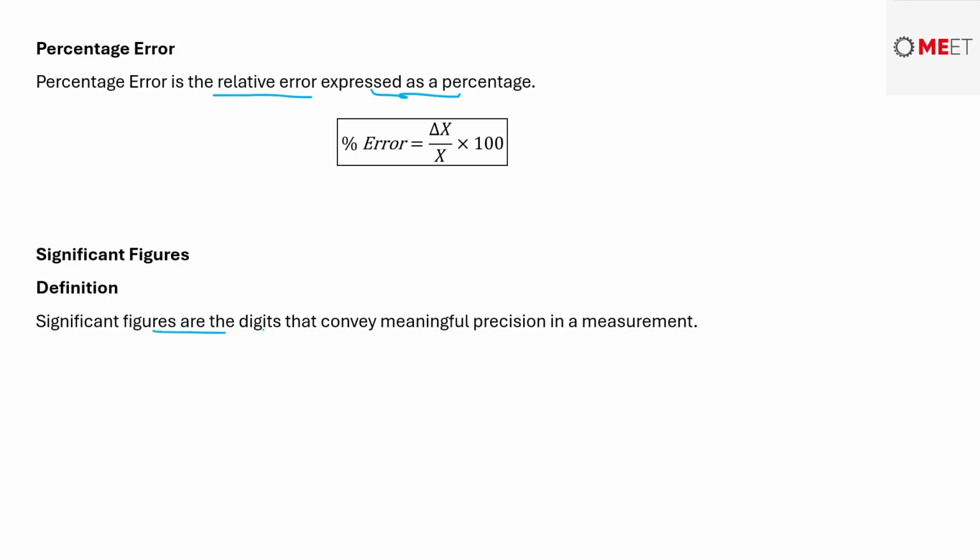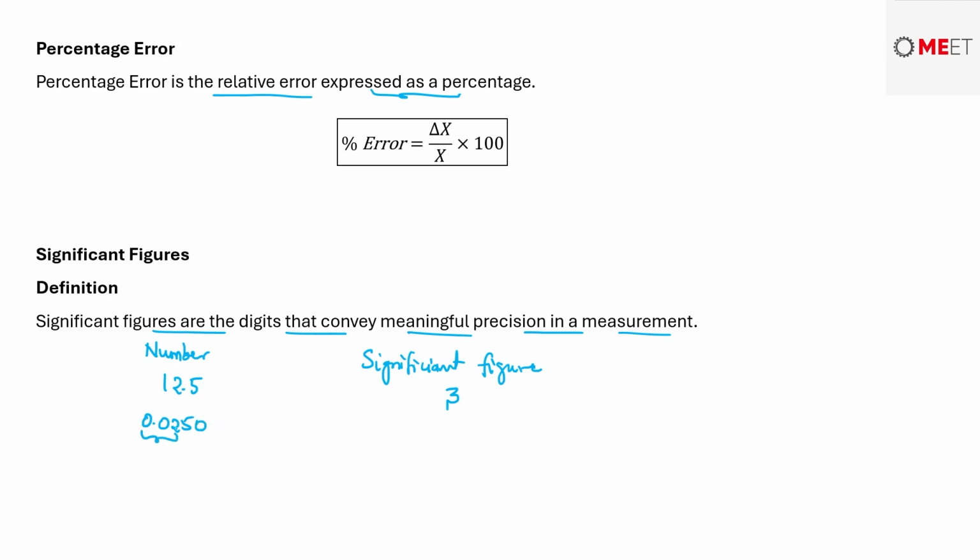Significant figures are the digits that convey meaningful precision in the measurement. For example, let's say 12.5 is a number. Significant figures are 3. Next, 0.0250.